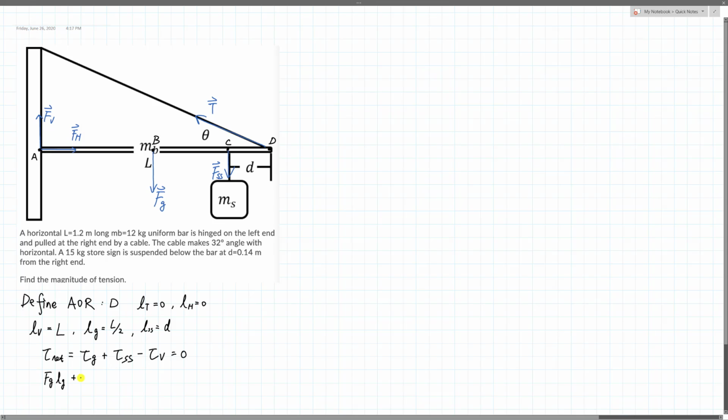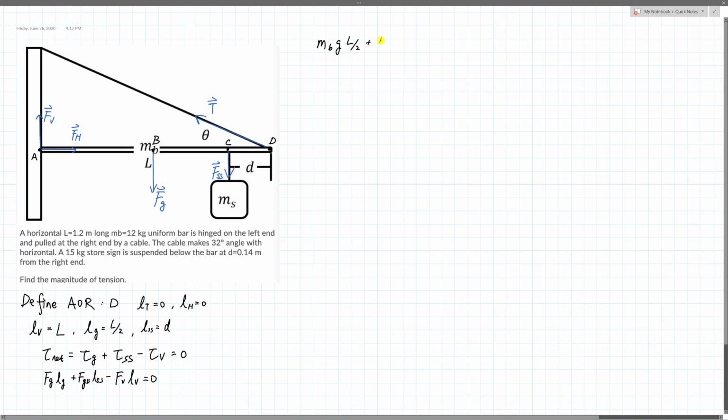Store sign's torque is gravity of the store sign times the lever arm of the store sign. Torque from the vertical force is vertical force times the lever arm of the vertical force, which is 0. Okay, so now let's plug in the values. The Fg is m of the bar times g times L over 2.